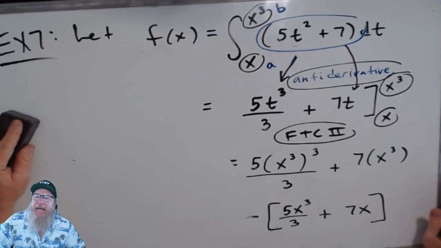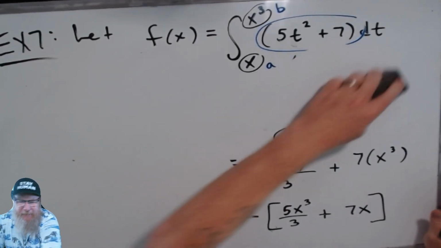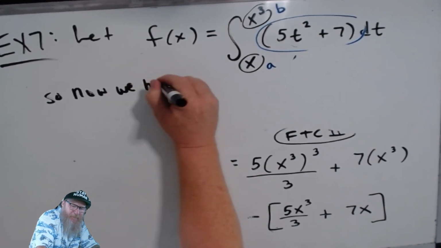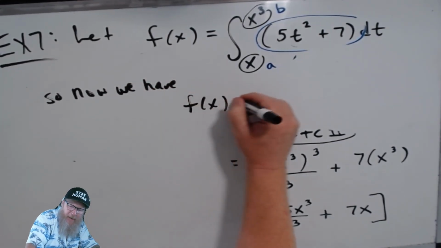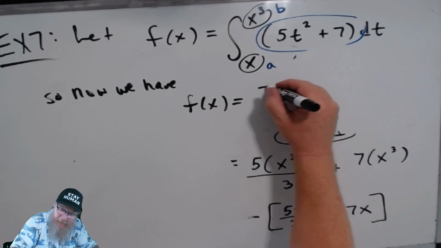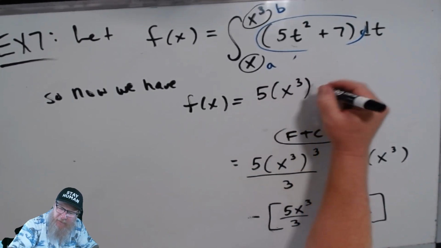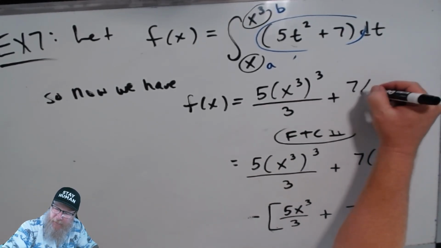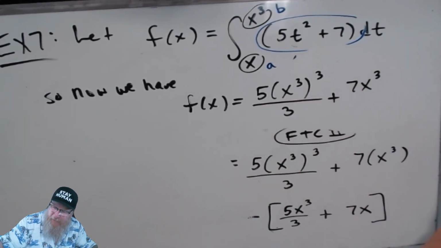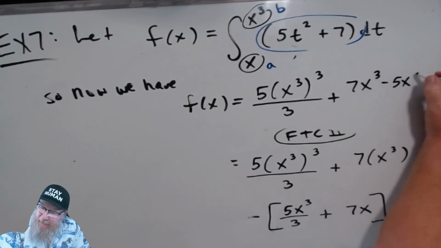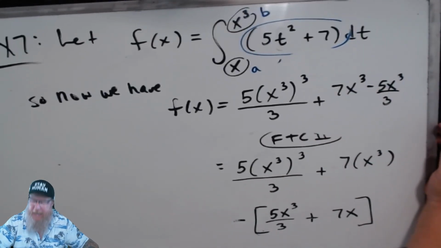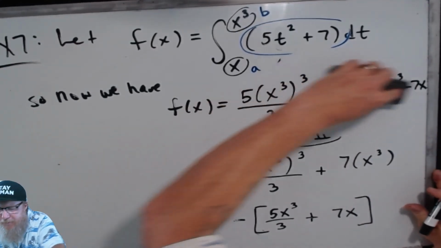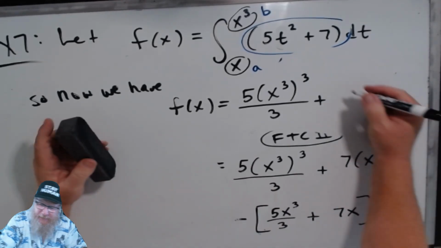So what does that mean? So now we have F of x is 5x to the third over 3 plus 7x to the third minus 5x to the third over 3 minus 7x. Let me try to write that a little bit better.